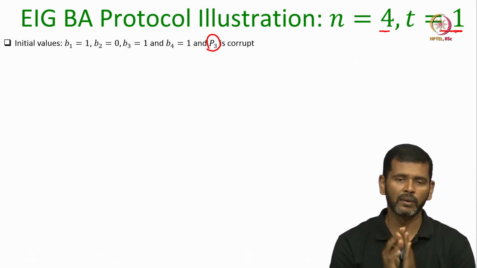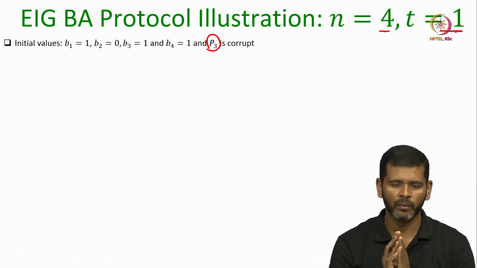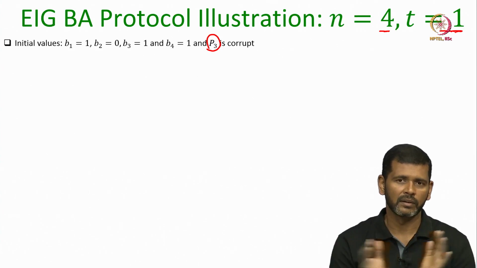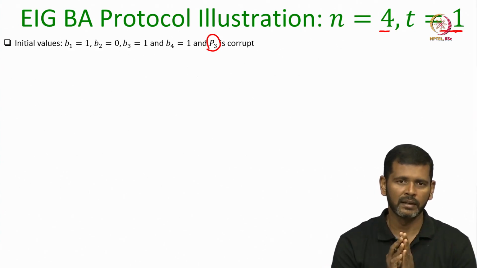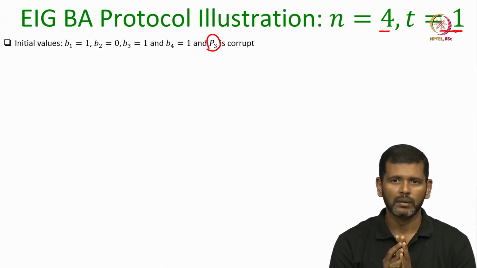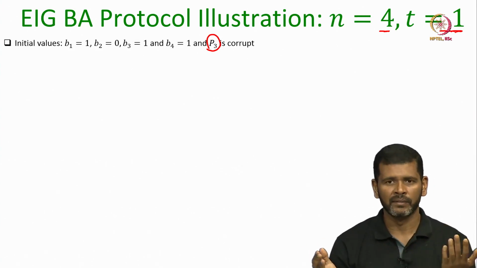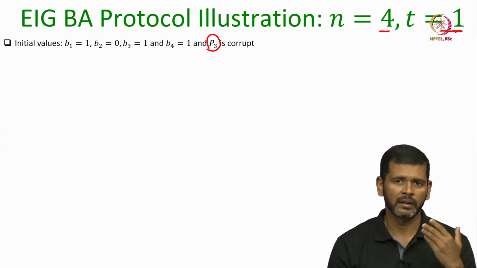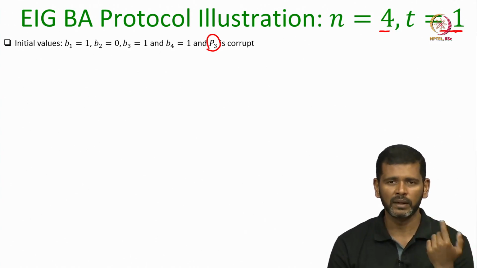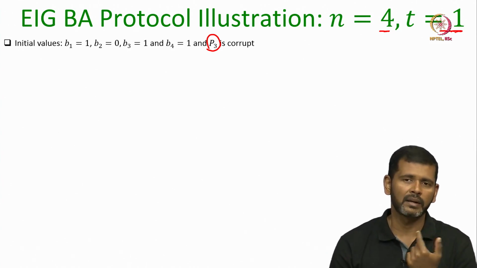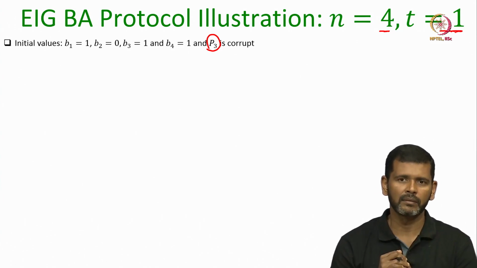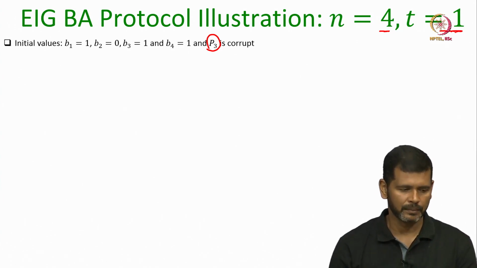The parties will only know that at most one of the 4 parties is going to behave maliciously in a Byzantine fashion during the protocol execution, or it could be the case that no party deviates, but if at all any corruption happens, it could be only one corruption, but which party is going to be corrupted will not be known beforehand.